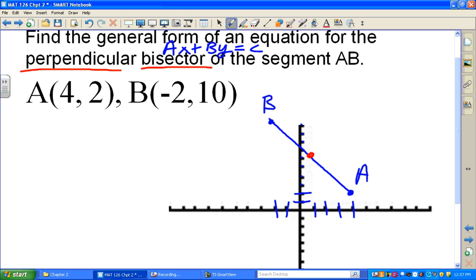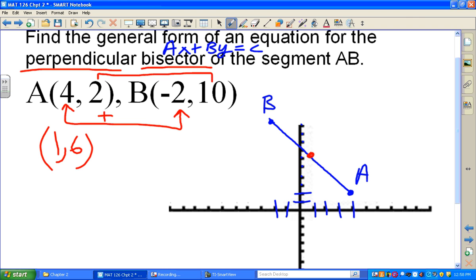Father of geometry would be proud right now. Midpoint is where you add them together and divide by 2. So it'd be 1 and 6, right? 1 and 6. Does that look right? All right. So it's the point 1, 6. That point actually lies on the perpendicular bisector.